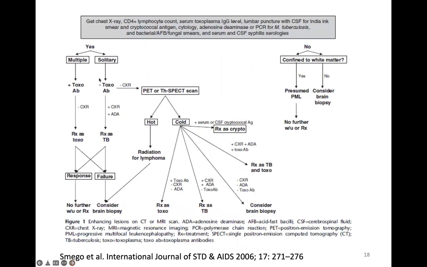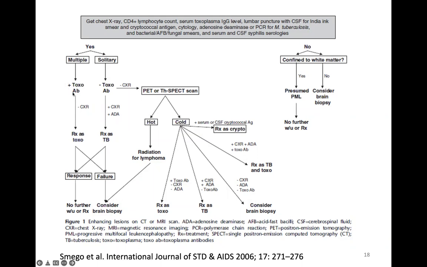And here is another very nice summarized algorithm, which would be very helpful in terms of how you go about deciding which tests to do, but importantly, what to treat. You can see here, it says, if you are looking at your imaging and you find either multiple or solitary lesions, the most easy thing to do sometimes is to do your toxo antibody test.